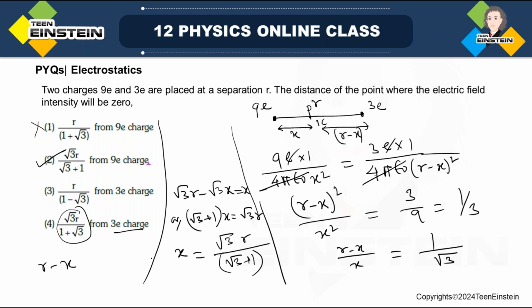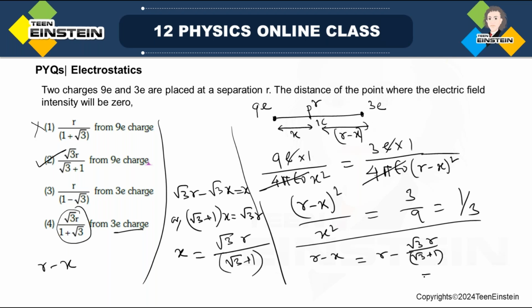Then what you find will be from the 3 charge. We can actually find that out, if you want. Let me just calculate what is the distance r minus x. What is r minus x? So r minus square root of 3 r divided by square root of 3 plus 1. Let me take this r common, then what we get, root 3 plus 1 minus root 3, divided by root 3 plus 1.